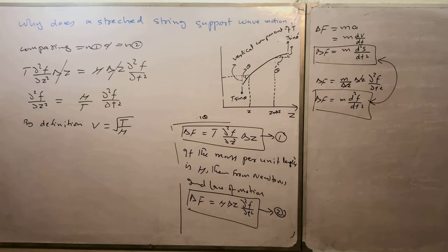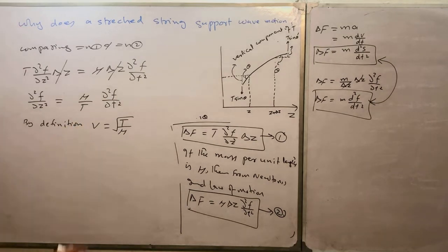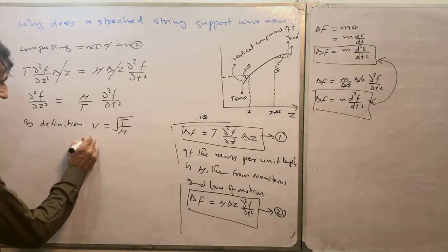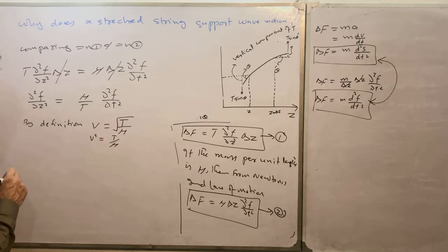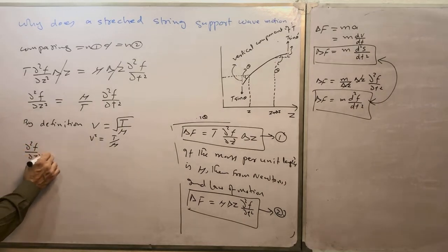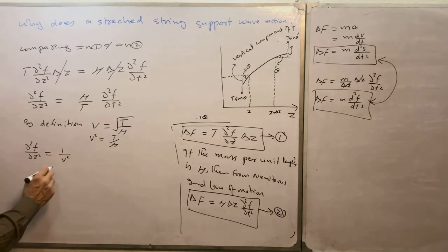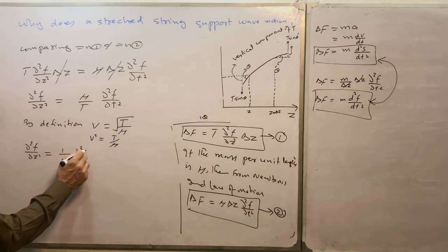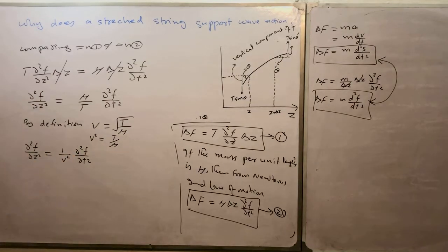And then if I put the value of this, it means that v square must be equal to T divided by mu. And here partial square f divided by partial z square is equal to 1 over v square and partial square f divided by partial t square.